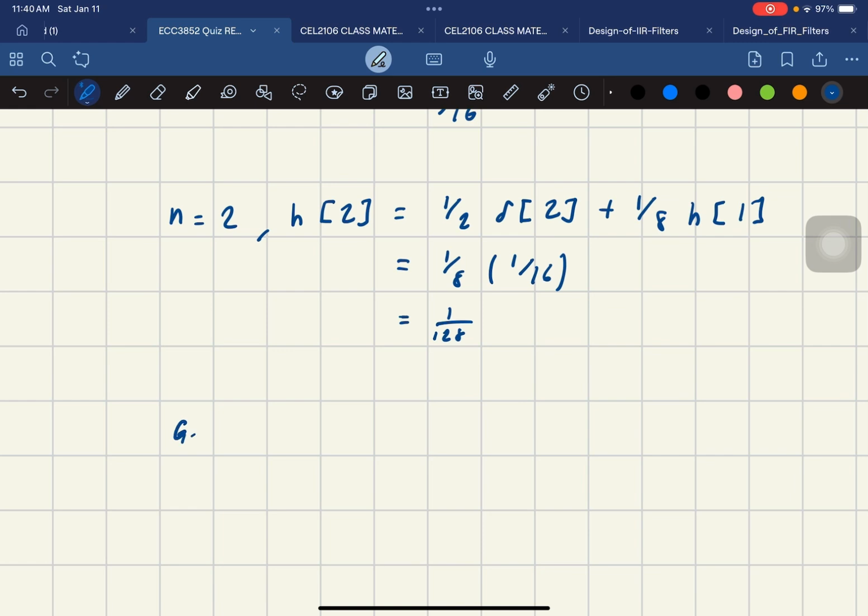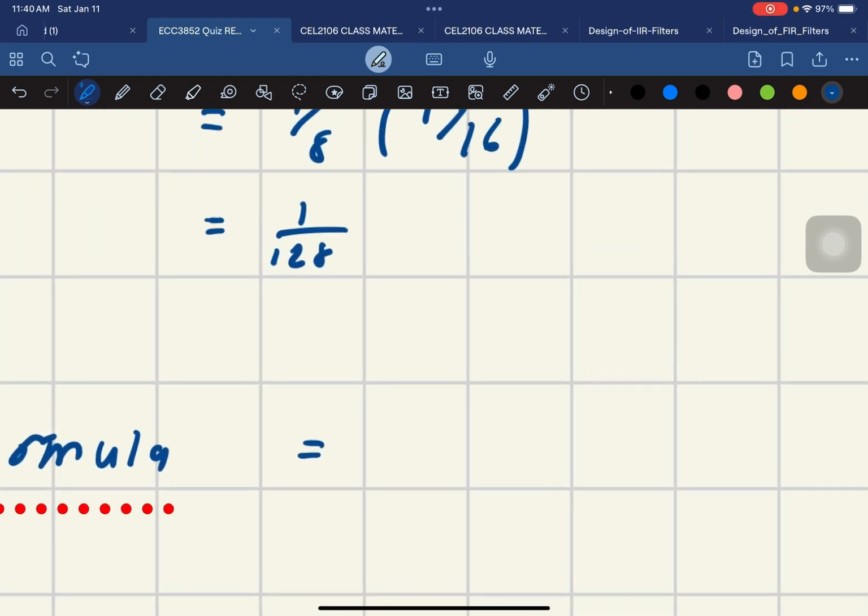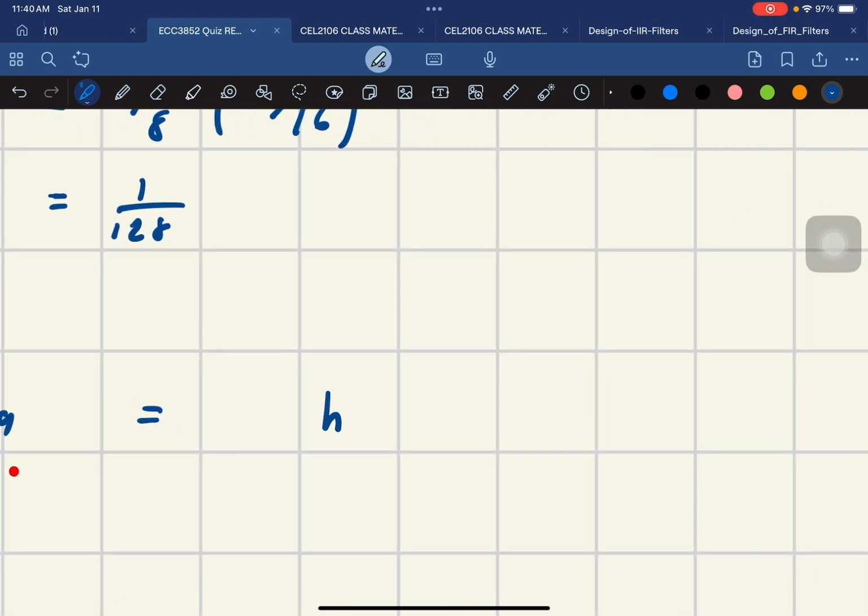Lastly, the general formula that we got from this is Hn equal to 1/8 to the n multiplied with 1/2.